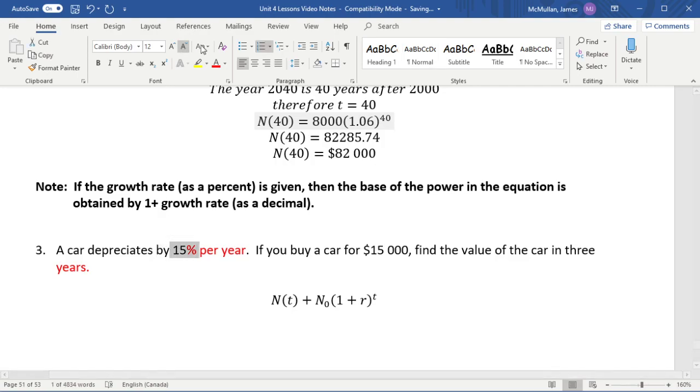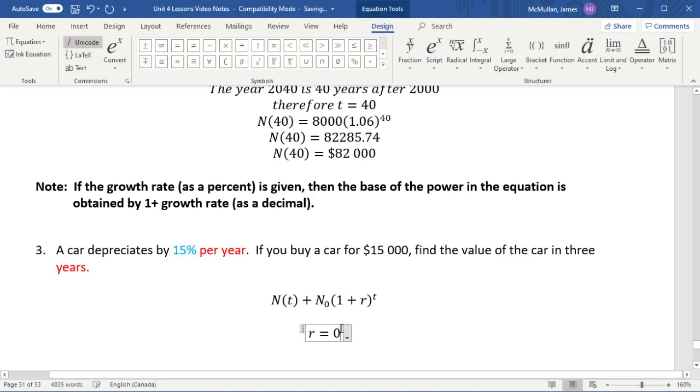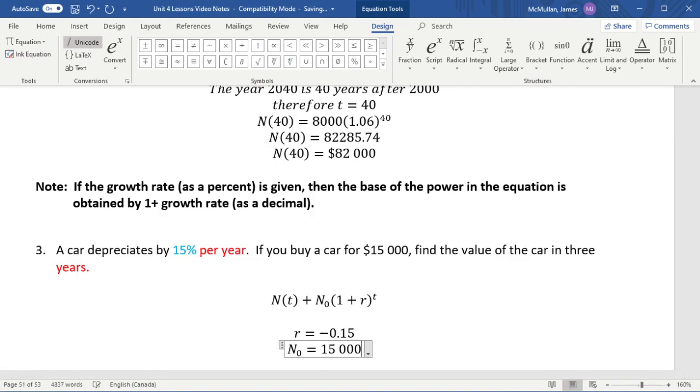Now 15% depreciation means it's going down by that amount, means our R is equal to negative 0.15. And our N0 is obviously whatever the car was worth when we bought it, which was 15,000.